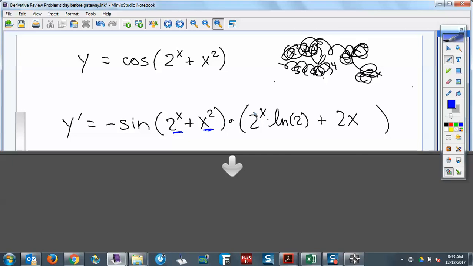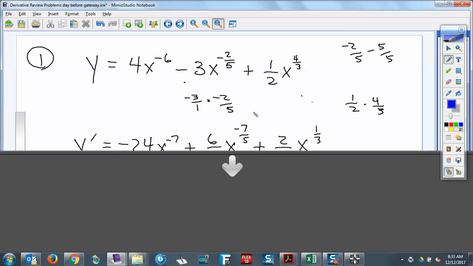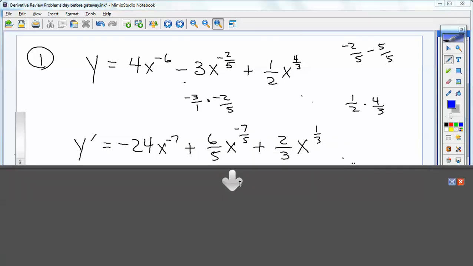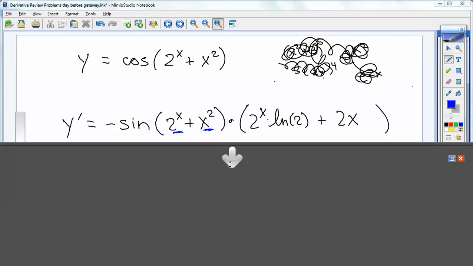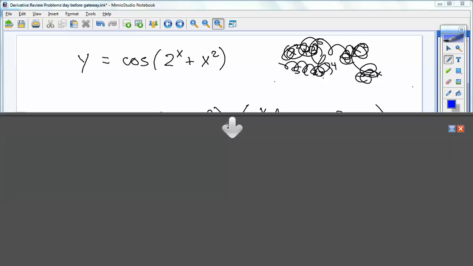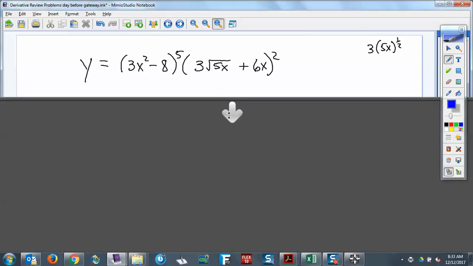And once again, there's nothing else I can do. On this one, we just did it and we were done. And remember, this is attached to that sine. It's sine of that, so we can't distribute anything through there. All right, try that.